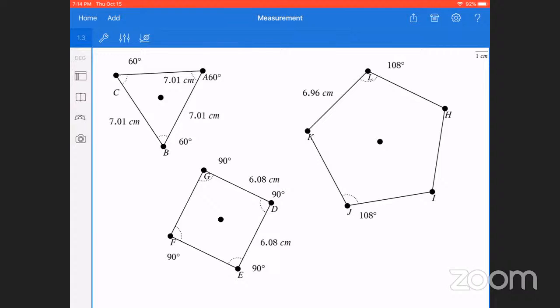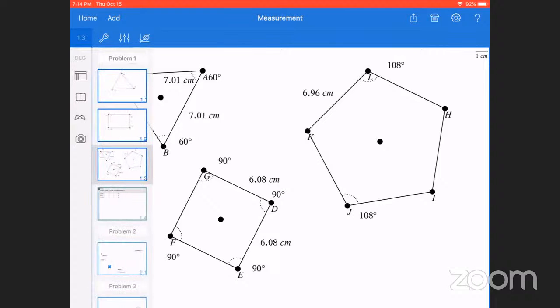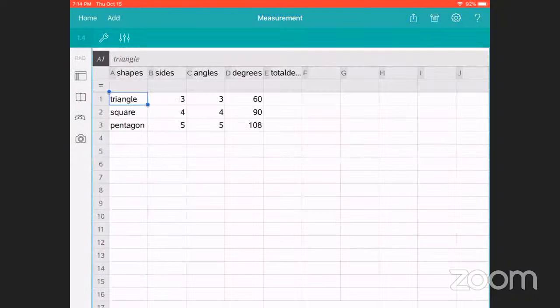So what I would do with the students next is I would create a spreadsheet page for the students to look at. Here, you can see at the top with the capital A, B, and so on, we have shapes, sides, angles, degrees, and total degrees. Under the shapes, I have triangle, square, pentagon.